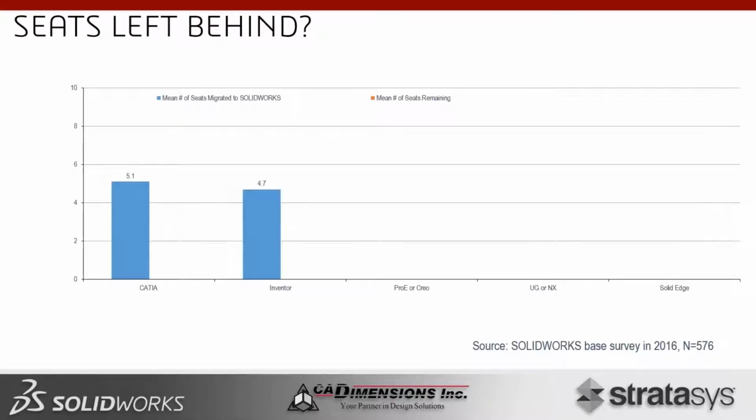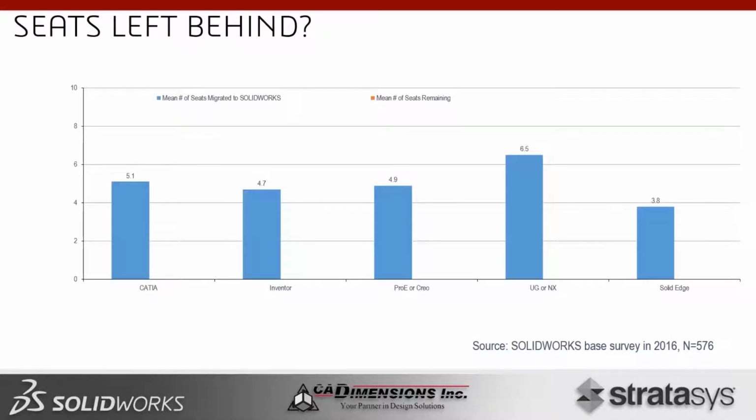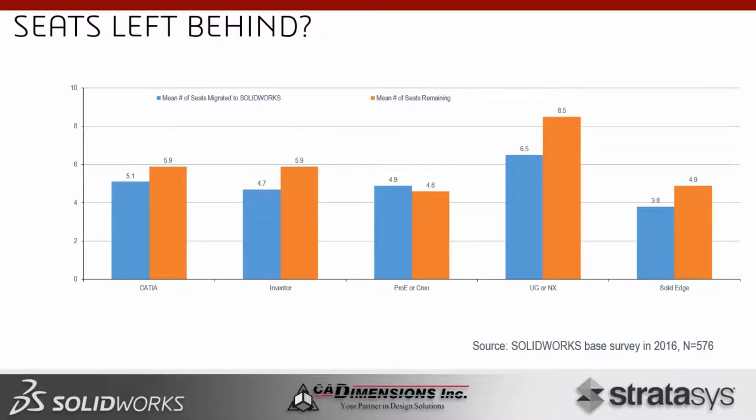So if we look also at the relationship between organizations that have made migration, maybe initially when you've converted from CATIA or Inventor to SOLIDWORKS, you've pulled some of your seats over and they've now become SOLIDWORKS seats. But a vast majority of your organizations, and we saw this with the polls as well, have left behind seats of CATIA, Inventor, Creo, NX, and Solid Edge to allow for edits and migration later on.